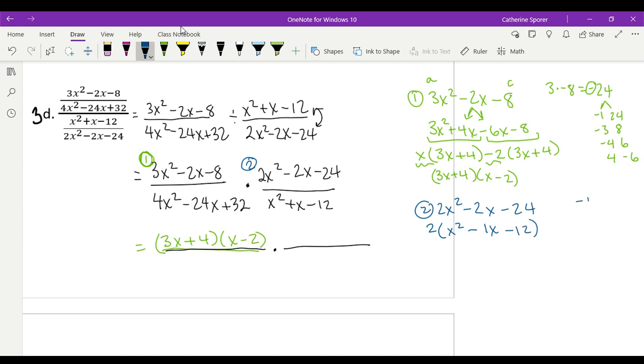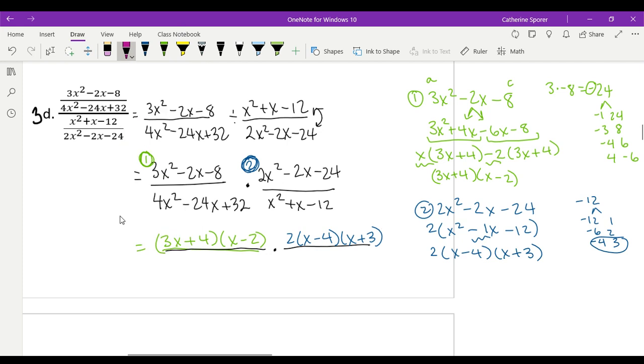And then we can do easy factoring with the negative 12 and just start listing out those factor pairs. So there's negative 12 and 1, negative 6 and 2, negative 4 and 3. Since we're trying to add to negative 1, that's the pair that we want. So 2 times x minus 4 times x plus 3. So that's what we're going to put in the top right spot here. So 2x minus 4, x plus 3.